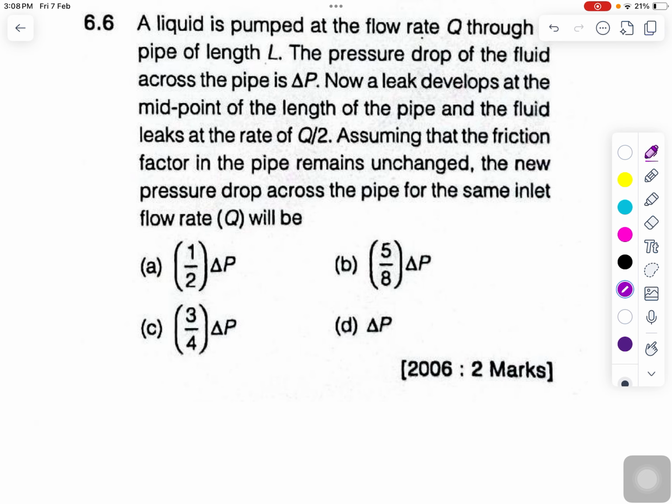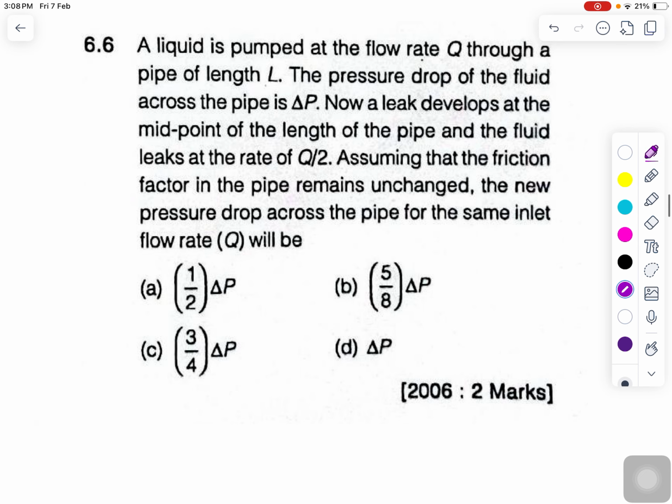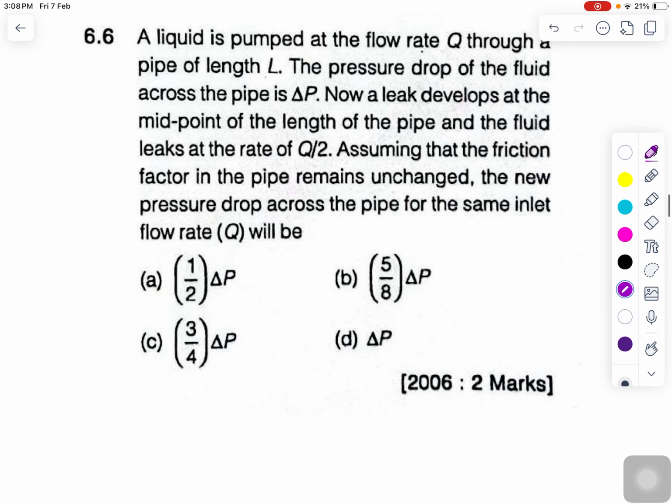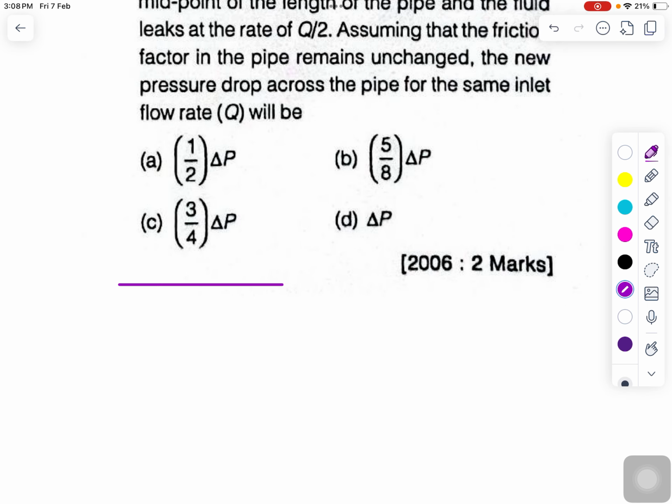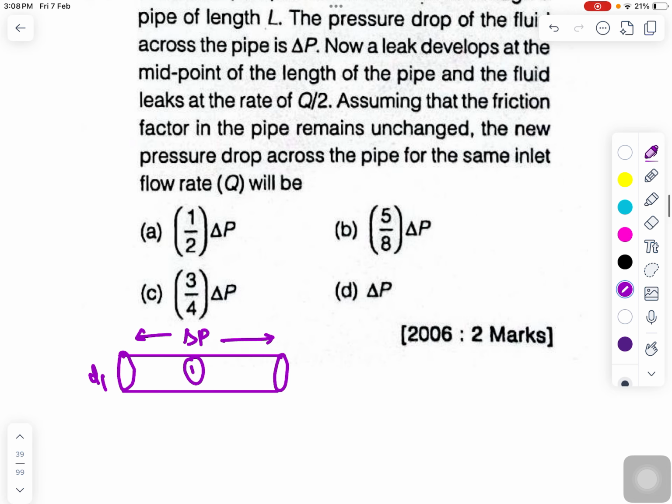The question says that a fluid is pumped at a flow rate of Q through a pipe of length L. The pressure drop of the fluid across the pipe is delta P. So let's say you have a pipe here with diameter d, and the pressure drop is delta P in the first case. In the second case, now a leak develops.